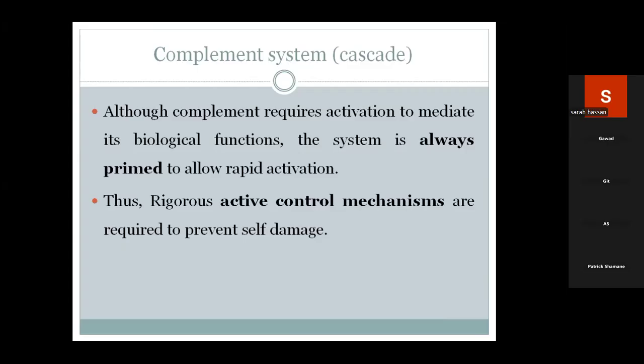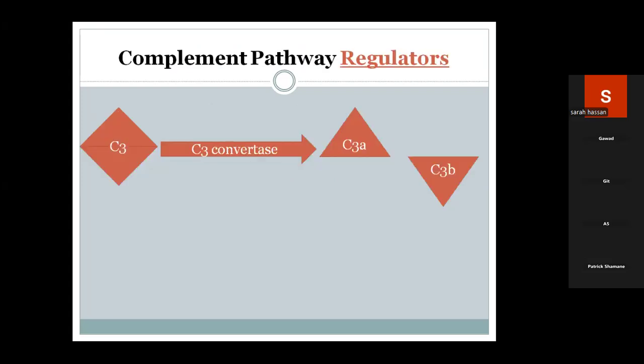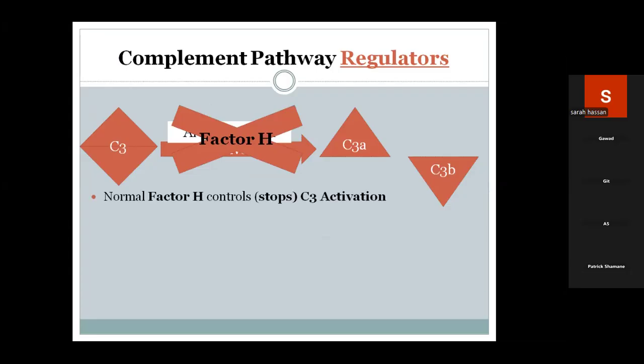Okay, although complement requires activation to mediate its biological function, it is always primed, as we have said, so this needs an active control to prevent self-damage. C3 convertase, which is always primed, needs a factor to stop its continuous activity, which is called factor H. Under normal conditions, factor H controls or stops C3 activation.